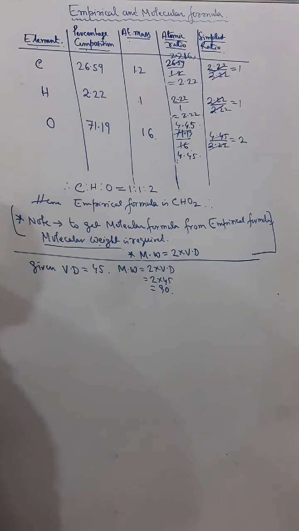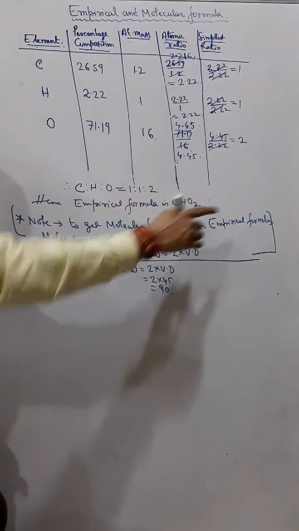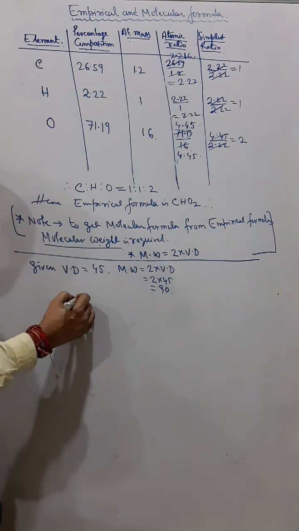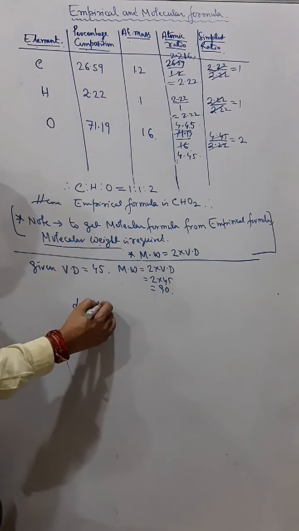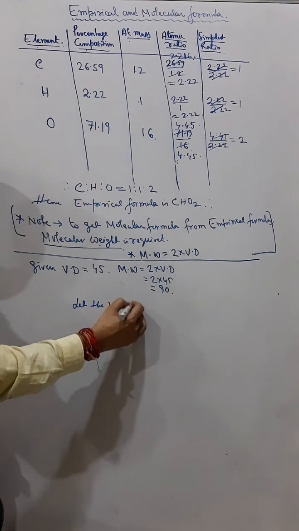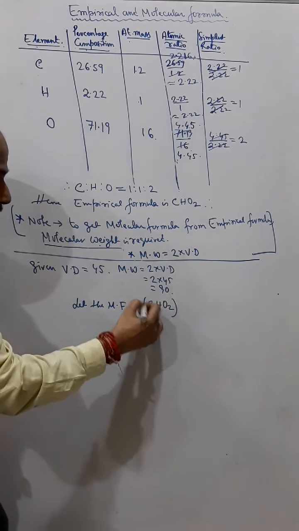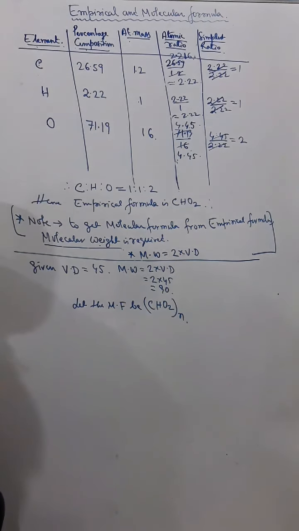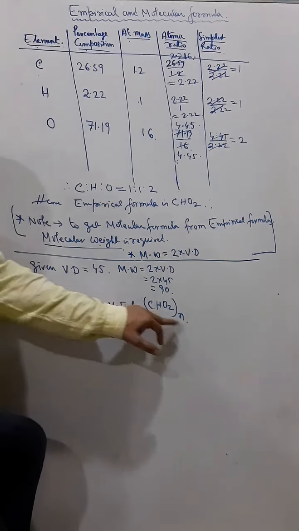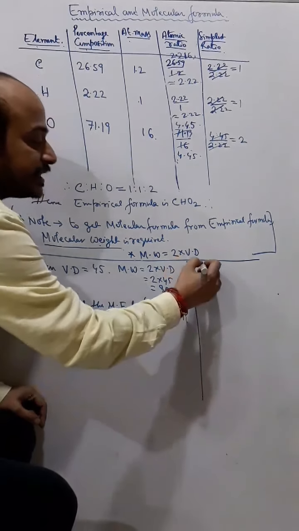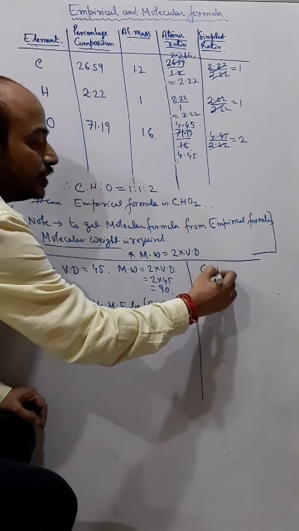Now see, as I have told you before, the empirical formula is the simplest formula. So we can start like this: let the molecular formula be (CHO2) whole N. If you remember, just now I gave you the example of ethane, C2H6.